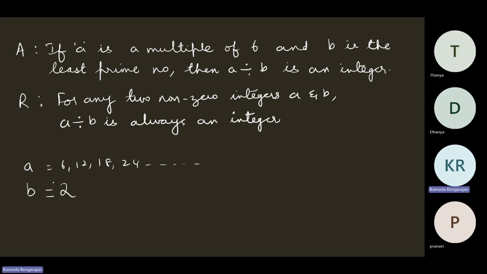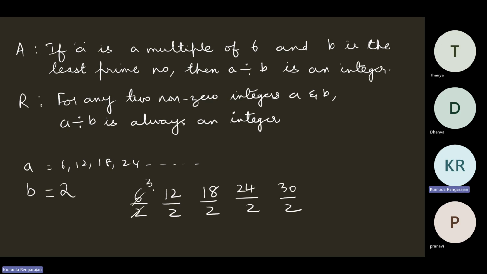Now we have to perform A by B. B is always 2, and A can be 6, 12, 18, 24, 30, and so on. So what is 6 by 2?